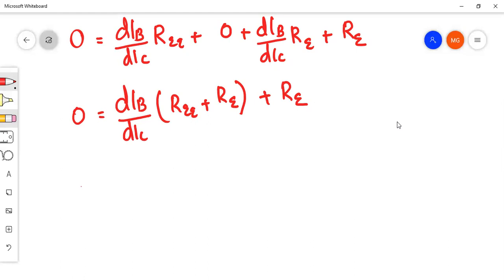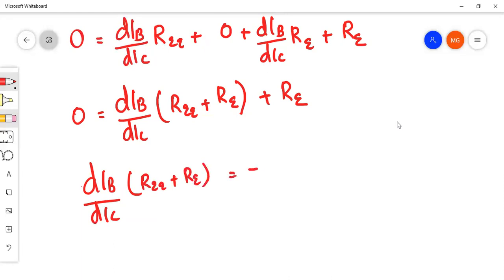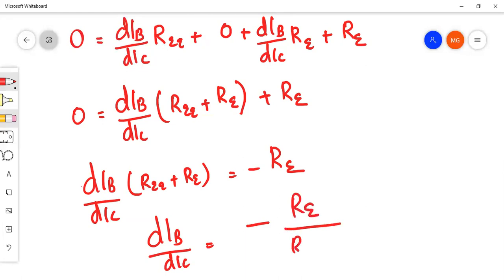So I move RE to one side. I will get DIB by DIC into R equivalent plus RE equal to minus RE. Then from that equation, DIB by DIC will be minus RE divided by R equivalent plus RE.